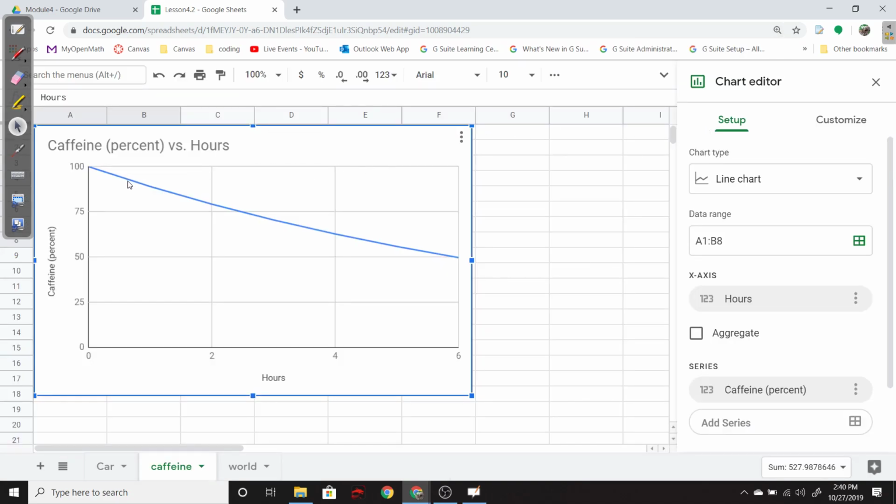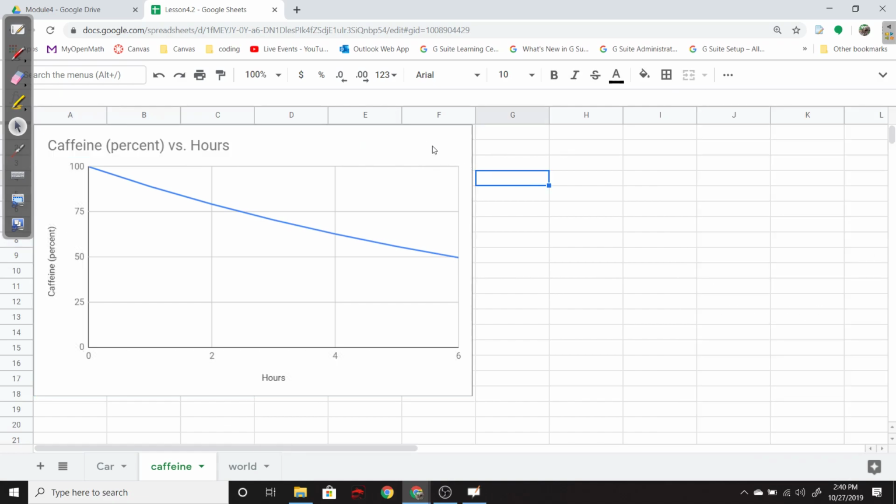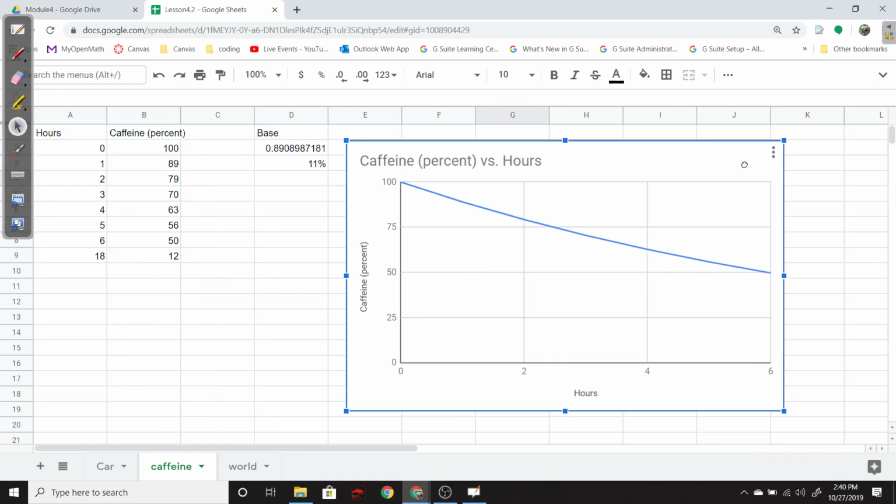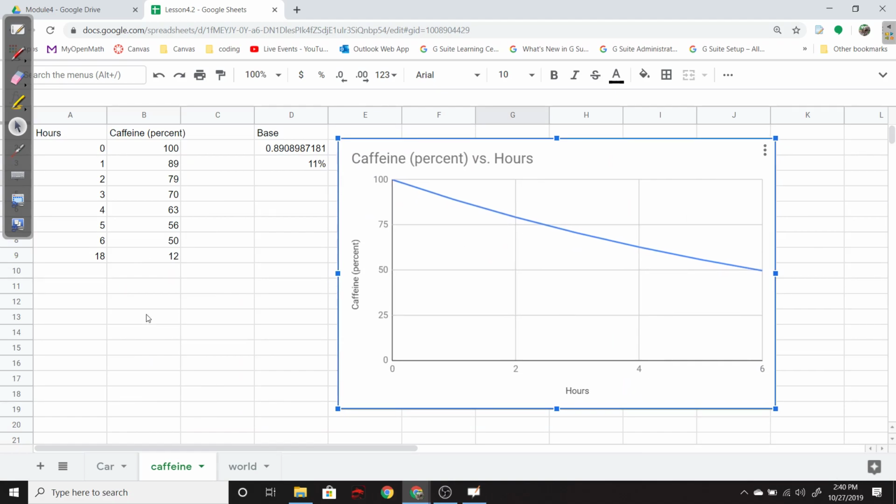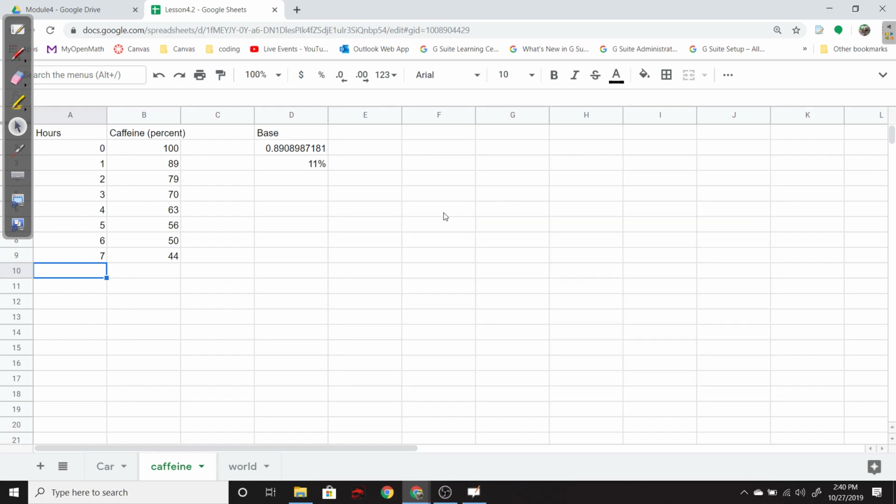Yeah, notice it looks kind of like a straight line, but if we went out a little farther, it won't. So let's go out a little farther. I guess we could have included the 18 in there, but let's fill in some gaps. So let's do after 6, we could do 12 and then 18.